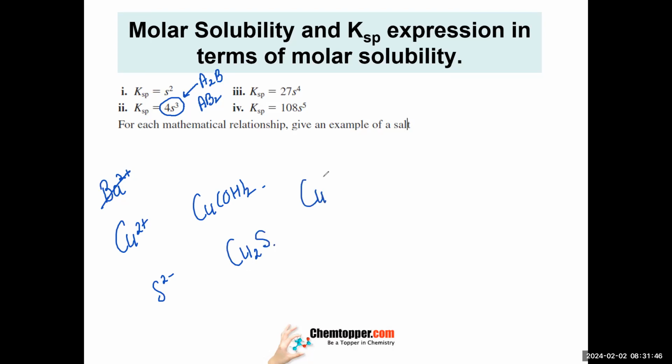Copper can show you 2 plus and 1 plus. So I'm telling you all these things, but my aim is to make you understand how to make formulas, how to look at the charges, and how to identify this Ksp expression. That is the aim. Otherwise, I don't think they will ask you this question.